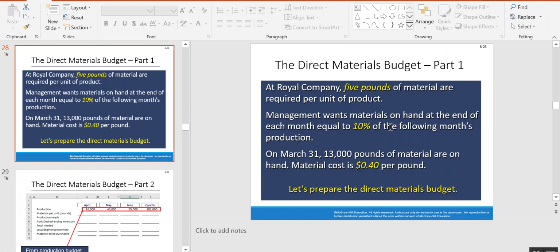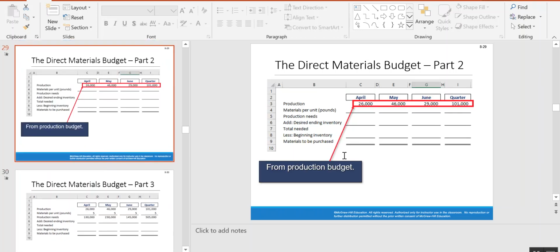And management wants materials on hand at the end of each month to be equal to 10% of the following month's production. So we have those two things. And then also they tell us that on March 31st, 13,000 pounds of material were on hand, and that material cost is 40 cents per pound.